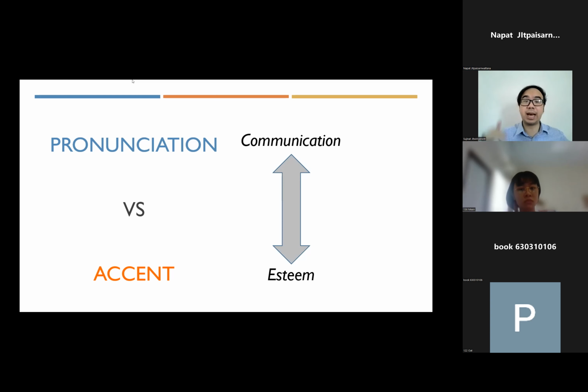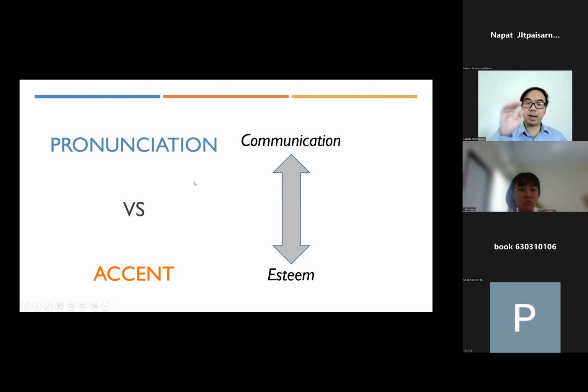So someone sets a higher goal, right? Like, okay, I can communicate, but I want to speak in a British way because it sounds cool and sophisticated, or I want to speak with an American accent because this is what most teenagers around the world do. So it is the goal that you have to set. And you can use technology to achieve the goal, right?